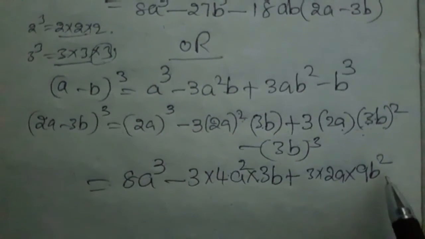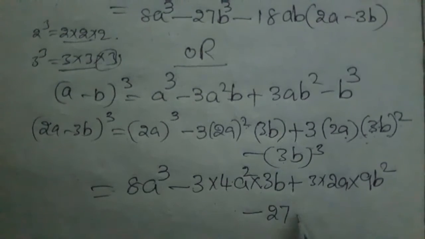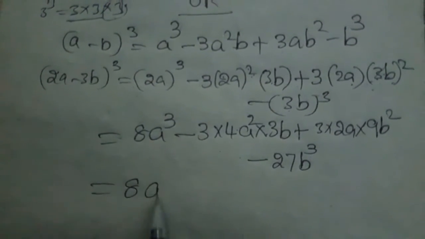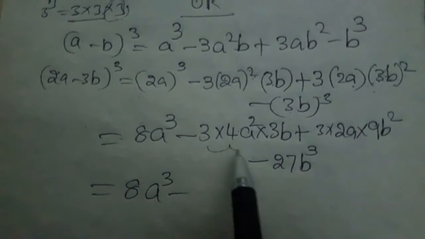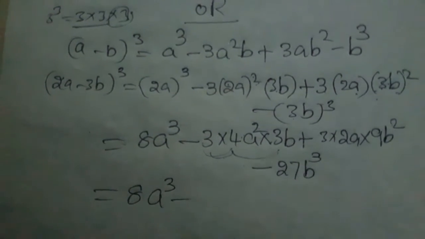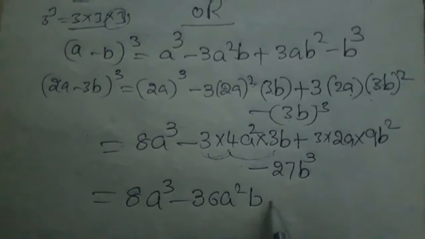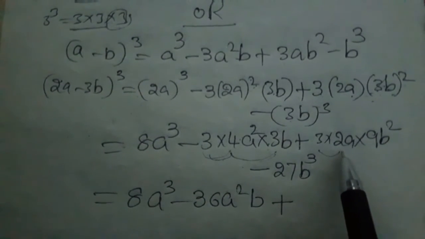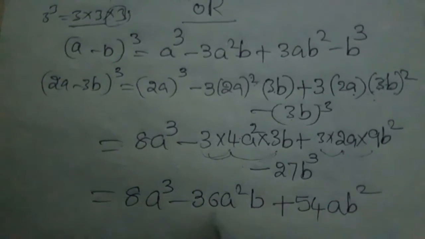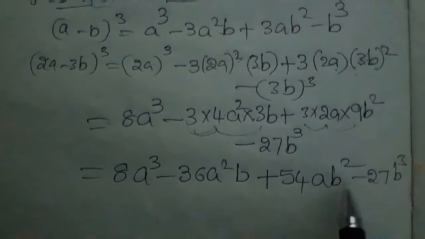Next minus 3 multiplied 3 times, 27b cube. Now this can be written as 8a cube minus 3 4s are 12, 12 3s are 36, so 36a square b. Next plus 3 2s are 6, 6 9s are 54, 54ab square minus 27b cube. This is the other form.